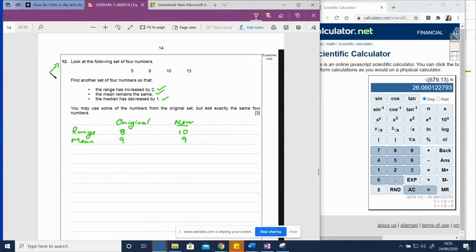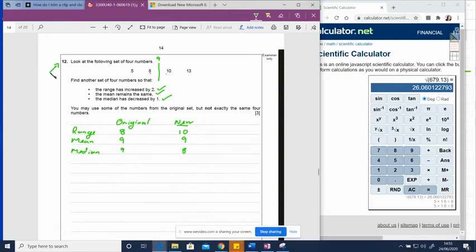And then the final clue is about the median. It tells us that the median of the new set will have decreased by 1. The median of the old set is the middle number. Now, we haven't got a middle number, so we have to add up the two numbers on either side and divide by 2. So 18 divided by 2 is 9. So the median of the old set is 9, and the median of the new set is actually going to be 8.